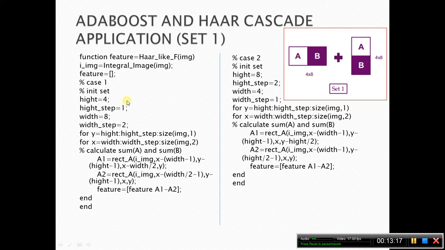They set how many pixels the Haar feature will move after finishing the feature and threshold computation. For set 1 we have 4 multi 8, so the indentation says the height equals 4 and the width equals 8, and in case 2 the height is 8 here and the width is 4.